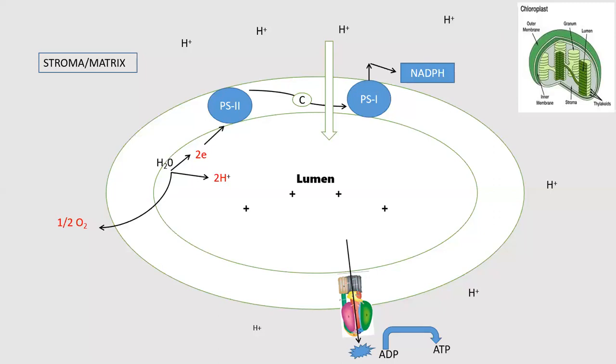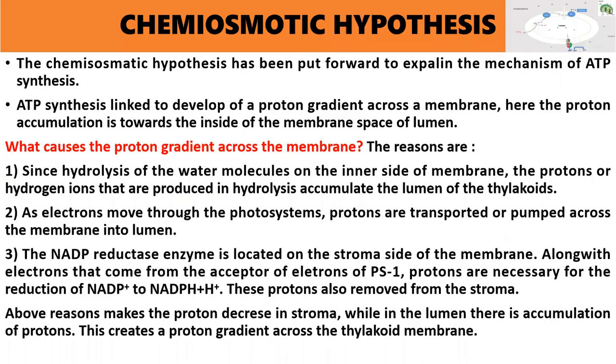Let's see those reasons. The first reason is the hydrolysis of the water molecule on the inner side of the membrane. The protons or hydrogen ions produced in hydrolysis accumulate in the lumen of thylakoids.